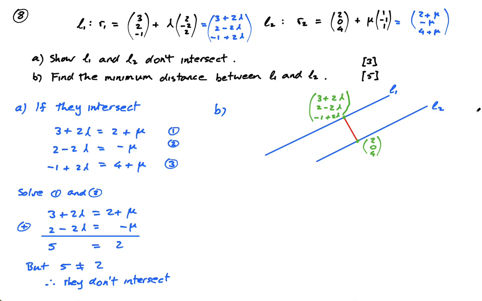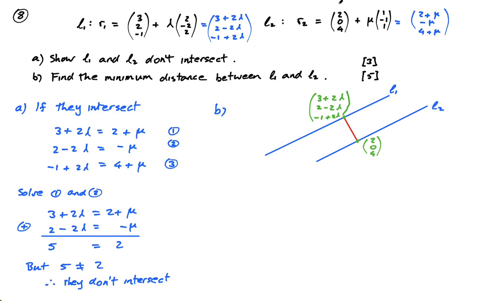Like this. Okay, so to find this vector, well, hang on, I want to find lambda. I want to find this point first. What I know is that this vector here has to be perpendicular to the direction vector of this, or even this one here.